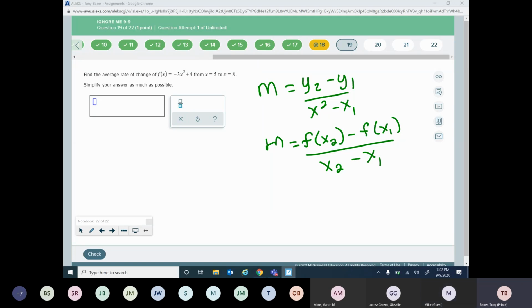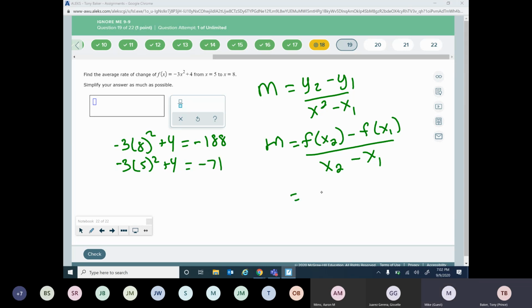So the bottom is just 8 and 5, so we got that. So we're going to plug in the 8 to the first problem. So I got negative 3 times 8 squared plus 4. 64 times 3 is 192. So negative 192 plus 4 is negative 188. And then negative 3 times 5 squared plus 4. So I got negative 75 plus 4 is negative 71.